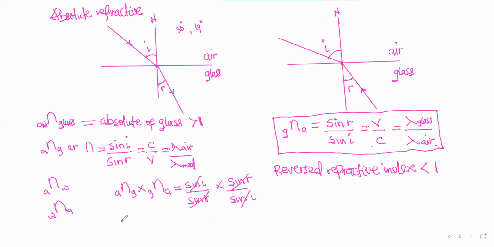If you want to use the speed of light, the absolute refractive index of glass, air to glass, times its reverse refractive index is equal to C over V times V over C. They'll also cancel out and the result is 1.